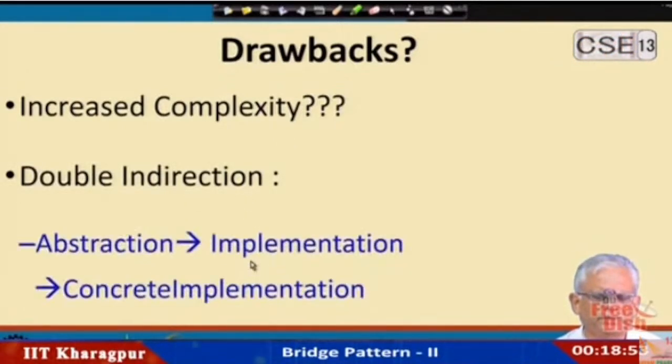But possibly indirection, that we have to store a reference to the implementation class and invoke its method. If we really think of it as a drawback, possibly that can be a drawback, that it is an indirection. But I don't think that these are really big problems.